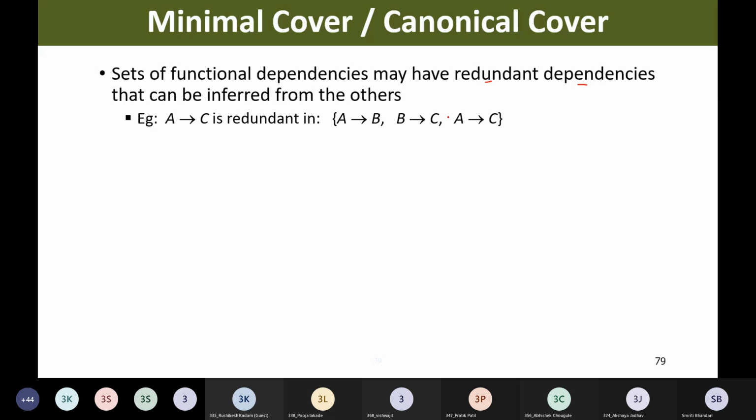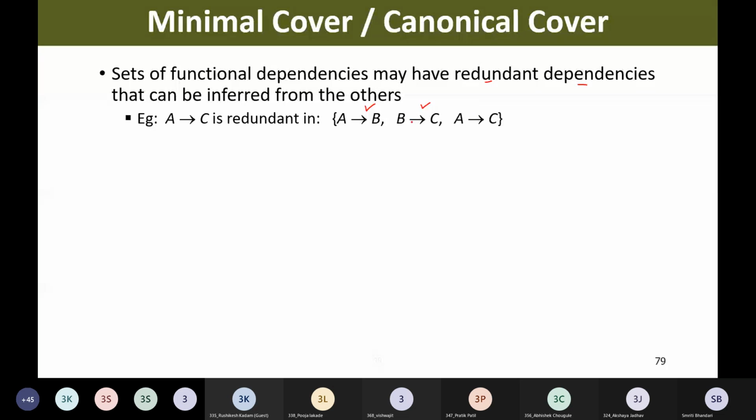For example, in the original set of functional dependencies F, we have been provided with three dependencies: A determining B, B determining C, and A determining C. But as we know, if A determines B and B determines C, by transitivity it is possible for us to come up with A determining C. So, while checking for violation, checking A to B and B to C is enough.